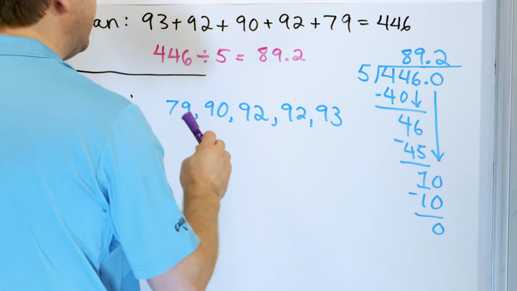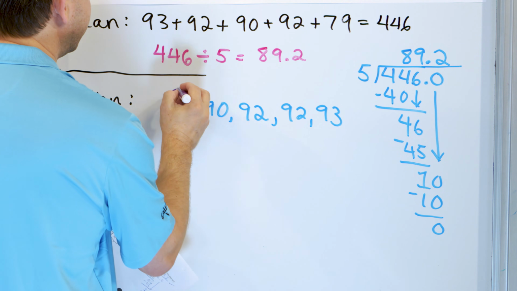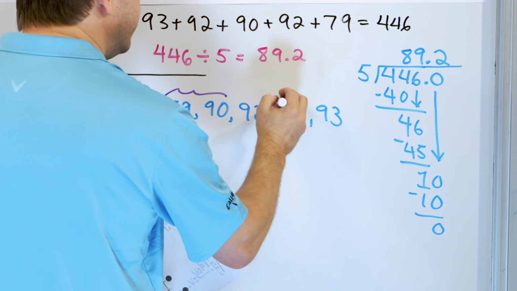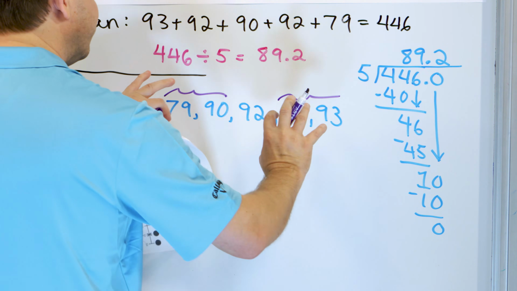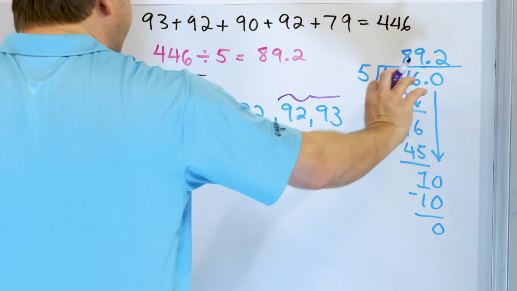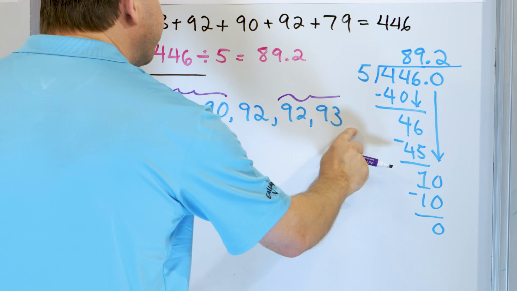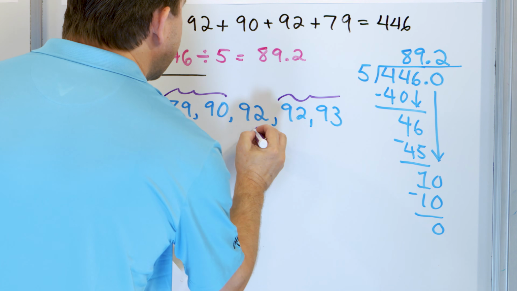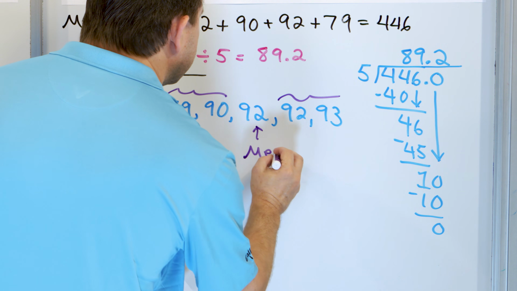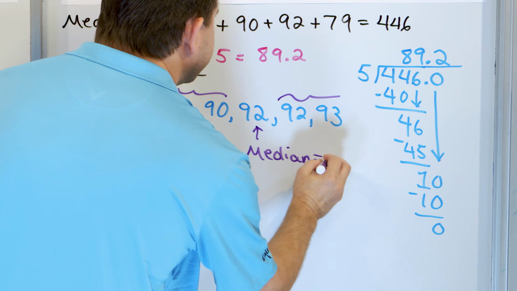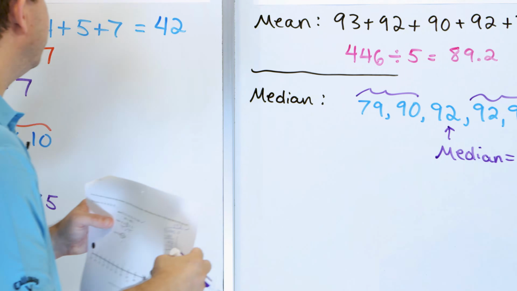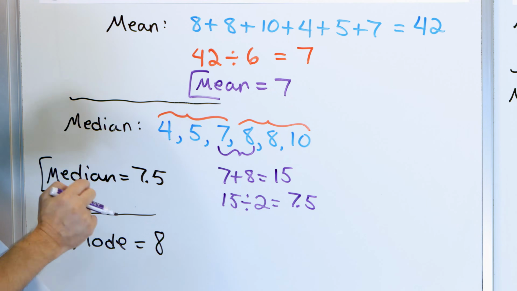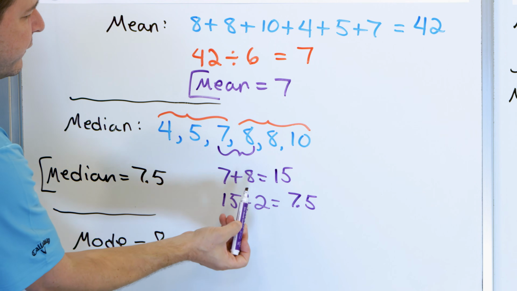The median is the center value of the data. You can think of this as a grouping of 2 and a grouping of 2, and you pull them apart. Because we have 5 data points, an odd number, we really do have a center here, and this means that the median is equal to 92. In the previous problem, we did not have a center value, so we just took the center 2 values and averaged them.